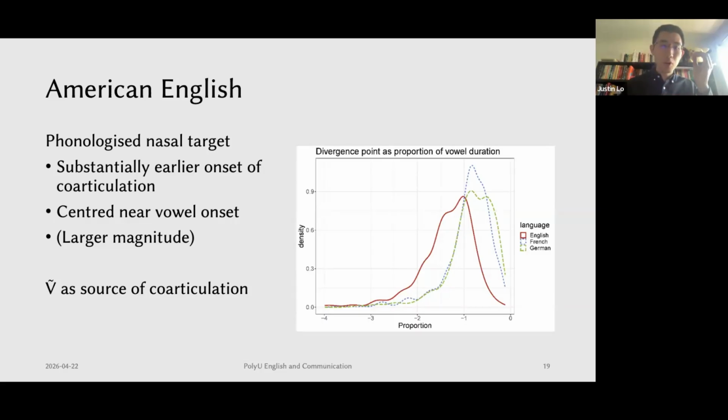If you have the vowel specified as having a nasal target, then in a similar way to the nasal consonant, it can act as a source of co-articulation. And that, we think, is how co-articulation spreads even further back in the case of American English. So if we hold that thought, we'll come back to American English in the end to think about its role.